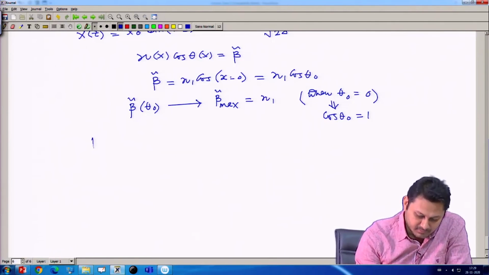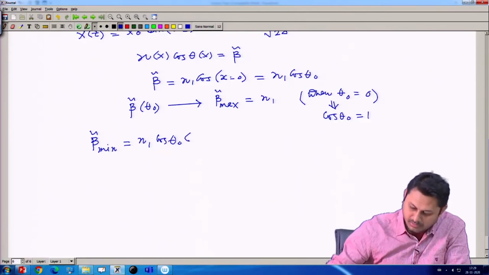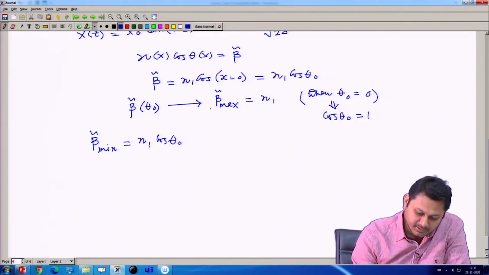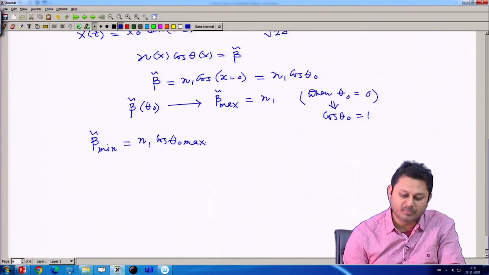Now, what is beta minimum? So, beta tilde minimum should be n1 cos theta 0, and I should put a suffix here: theta 0 max.